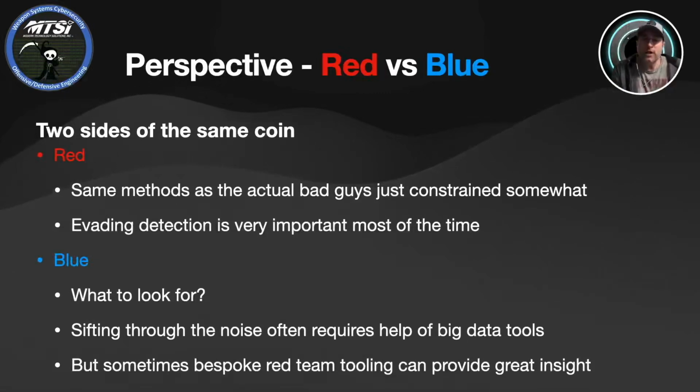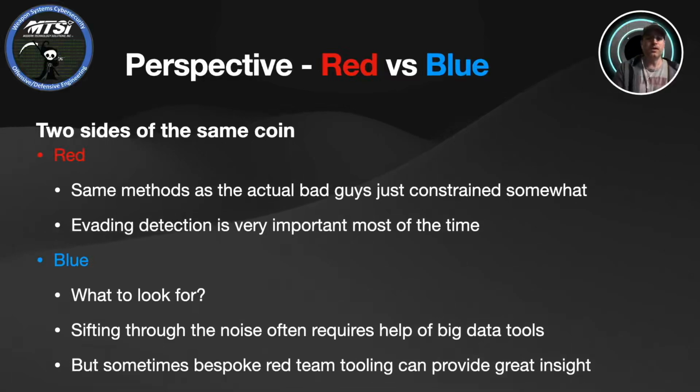However, on the blue side, those that are trying to defend, it's important to understand some of these techniques also. It's important for you to know what to look for. You have a lot of data that you have to deal with, especially depending on the size of your enterprise. And sifting through that noise often requires the help of tools that can work with big data. But sometimes it's really important for you to also have your own bespoke tools, ones that are born out of Red Team.